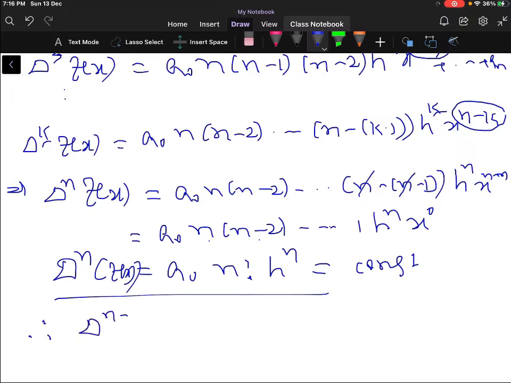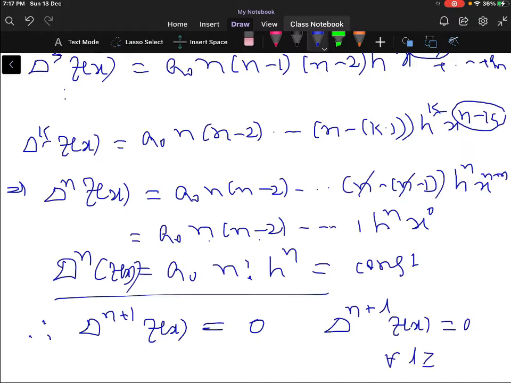Therefore, n plus 1th forward difference of the function f of x is equal to 0 because it is a constant term, and hence we can write delta to the power of n plus l of f of x is 0 for all l greater than or equal to 1.